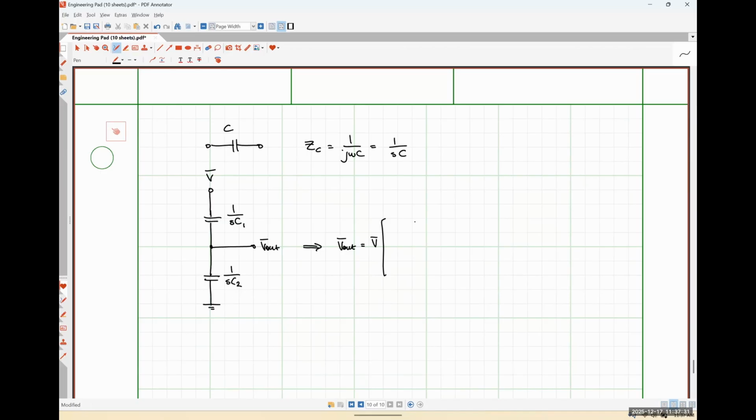So I'm going to have 1 over SC2 in the numerator, and in the denominator, 1 over SC1 plus 1 over SC2. That is a result of using both Kirchhoff's voltage law around this loop as well as Ohm's law in the frequency domain. Are we all okay with this thus far?